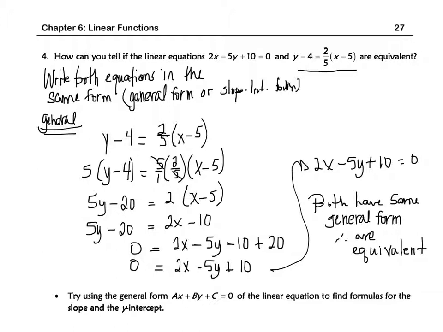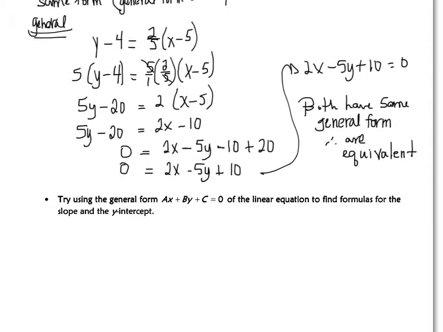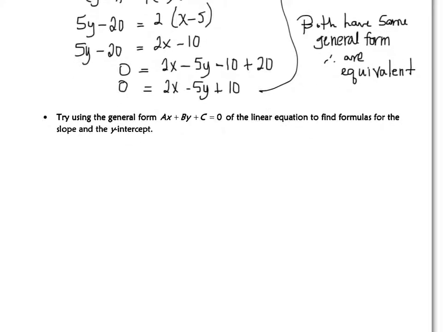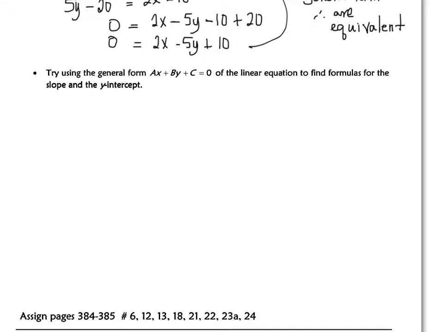As I said, the other option is to change both of them to slope-intercept form. We don't have enough room to show that way. Okay, the last question is a little challenge question, and it's writing the general form equation, rewriting it into slope-intercept form so that you can find the slope and the y-intercept.